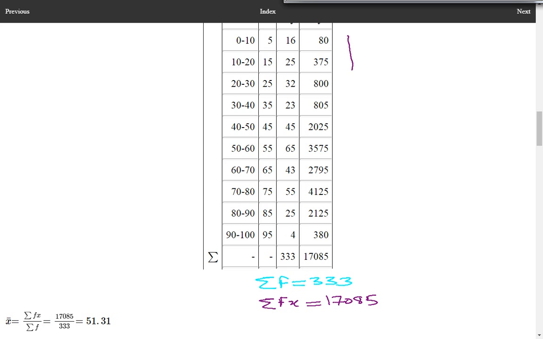Similarly, the sum of all the frequencies is 333.